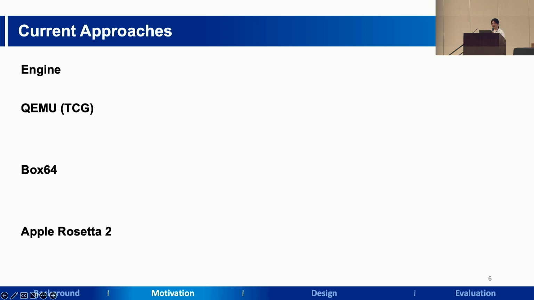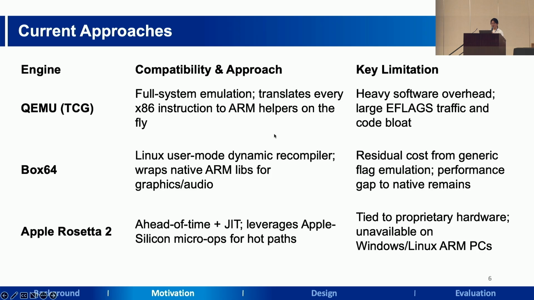These three flag pain points set the benchmark for implementing the translator. QEMU's Tiny Code Generator covers every x86 instruction, ensuring full compatibility, but it emulates all flags in software, creating massive EFLAGS overhead and slowdowns that prevent real-time performance.